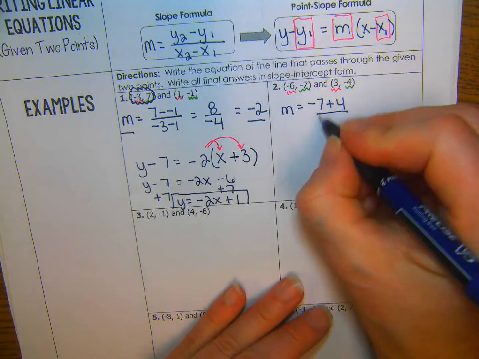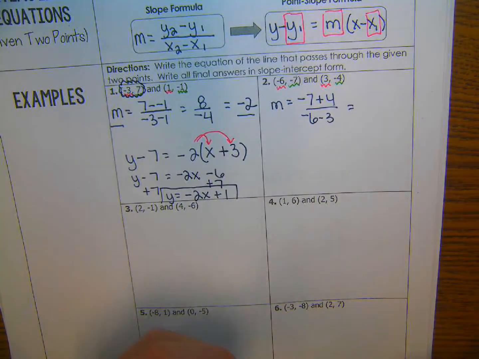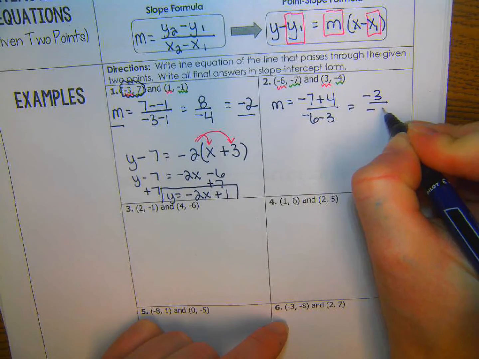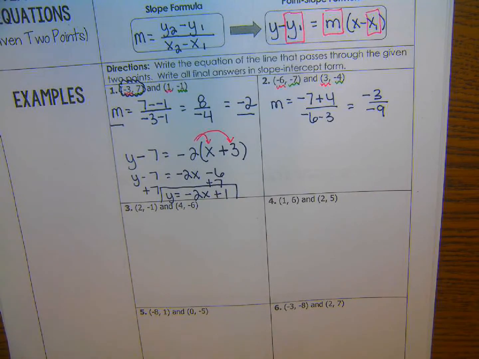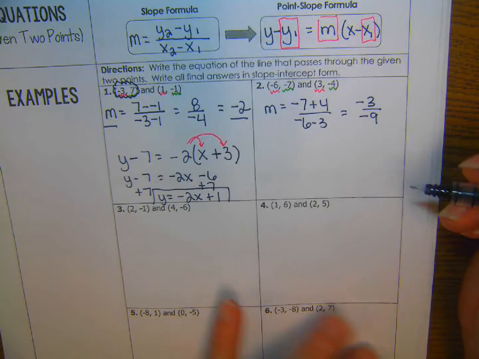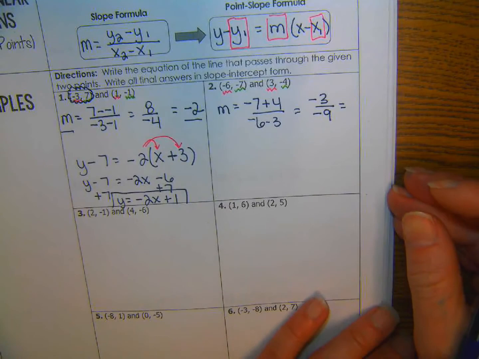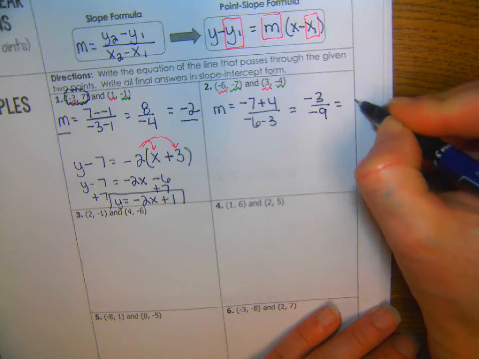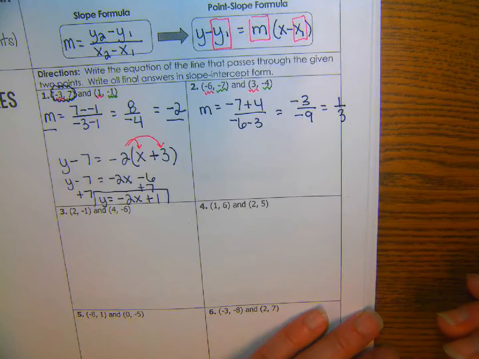Then I have -6 minus 3. -3 over -9. Are you following so far? First of all, a negative over negative is positive. Doesn't 3 go into 9 3 times? And 3 goes into itself once. So if I divided top and bottom, I'd have m equals 1/3.